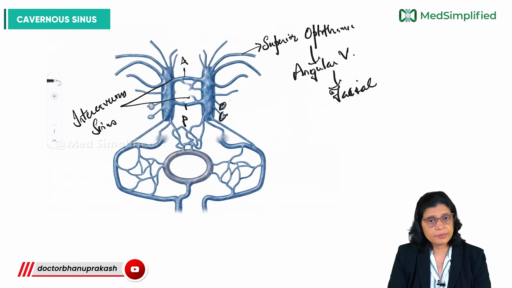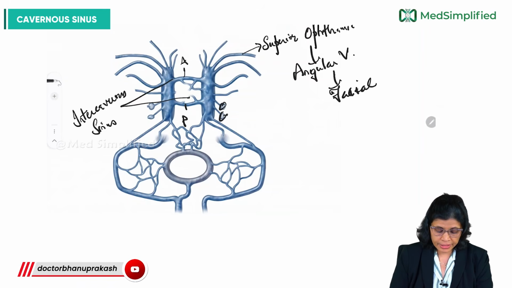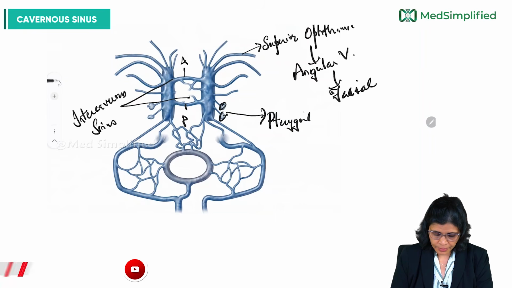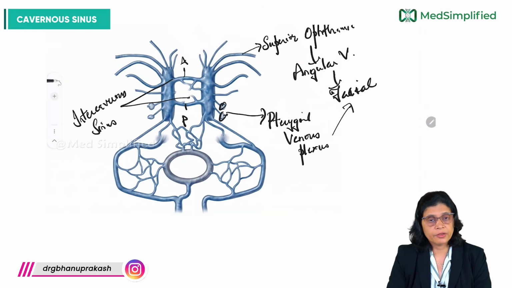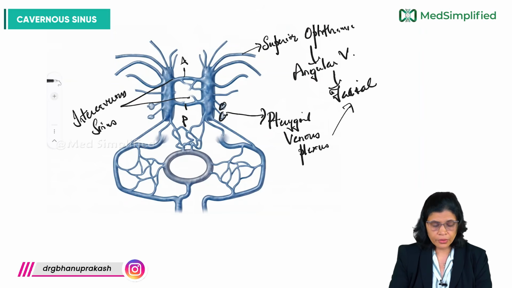So through these emissary veins, especially in this region, they go to the pterygoid venous plexus, and from there it can go to the deep facial vein and then facial vein. Okay, so that is how it spreads.